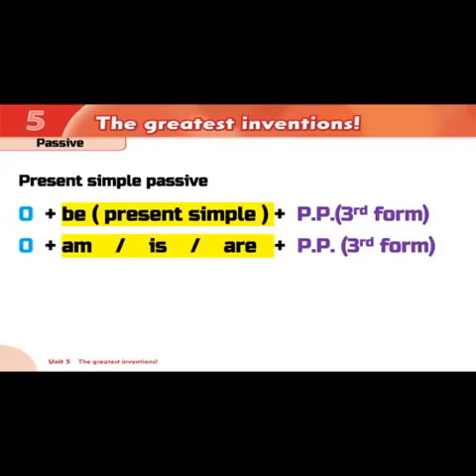Let's take an example. Mona cooks lunch. This is an active sentence. We want to put it in the passive. We have here Mona is the subject, cooks is the verb, lunch is the object. We will start with the object, which is lunch.